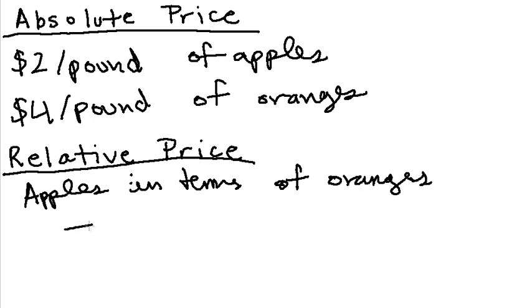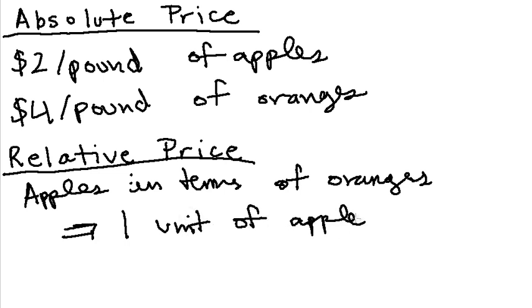So if we want to get 1 unit of apple, how many oranges do we have to give up? So I want you to pause now and answer the question of how many oranges I have to give up to get 1 unit of apple. Or in other words, what is the relative price of apples in terms of oranges?